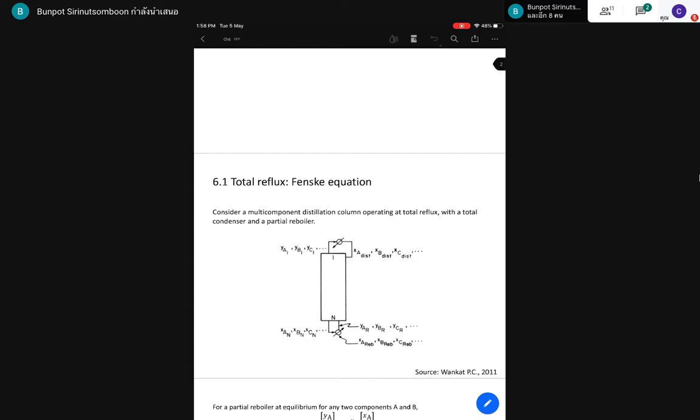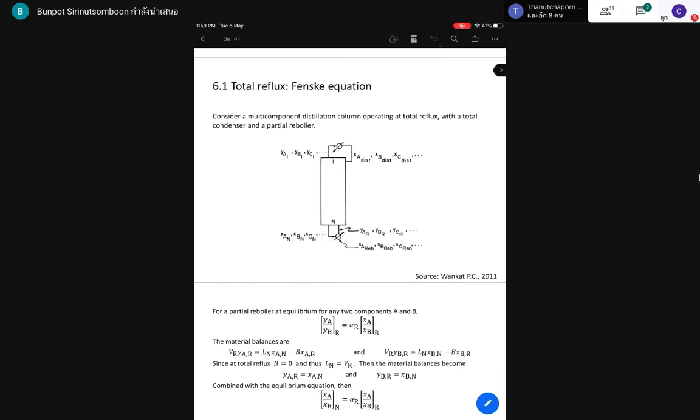So this way, when you use the total reflux, you will require the lowest number of stages. Okay, so in this case, for the Fenske equation, you're going to get the minimum number of stages theoretically possible.